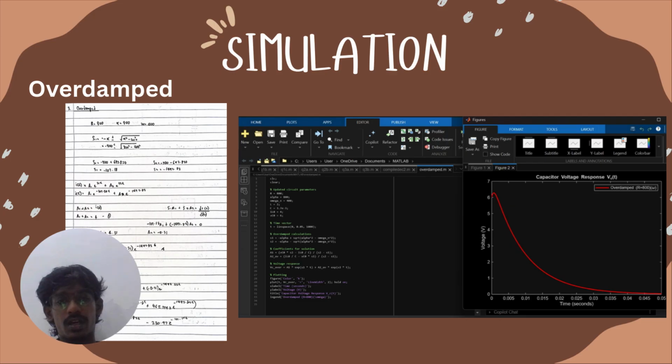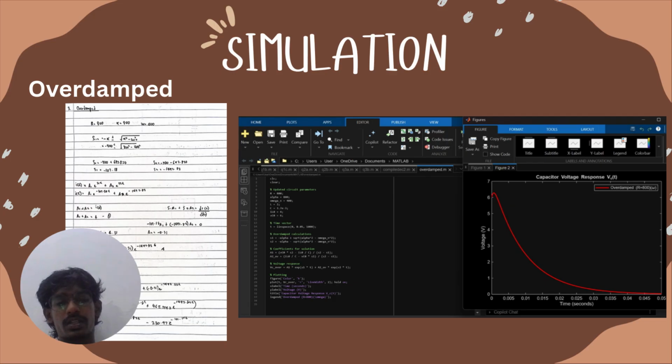After we get both values, we implement the v(t). The formula of v(t) is the same: a1 exponent s1t plus a2 exponent s2t.